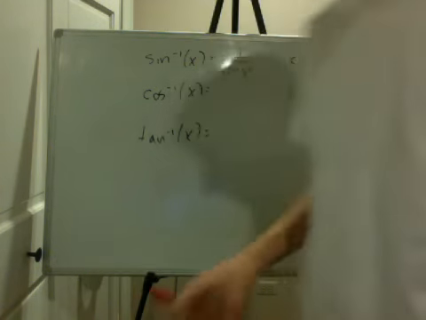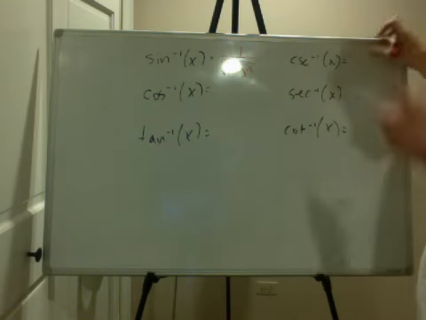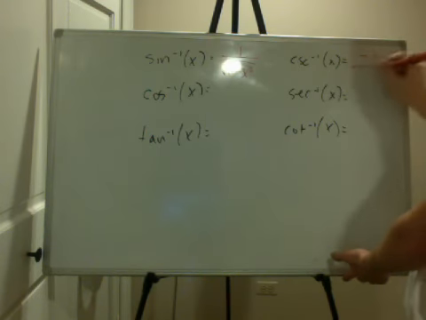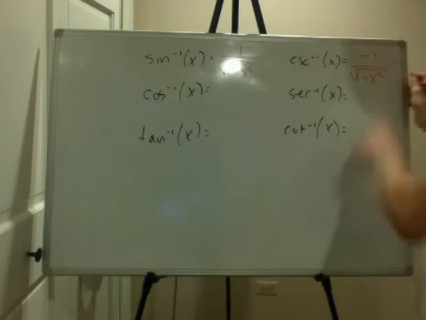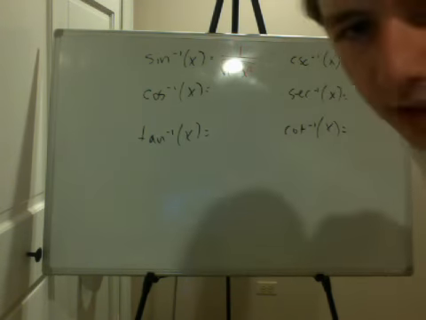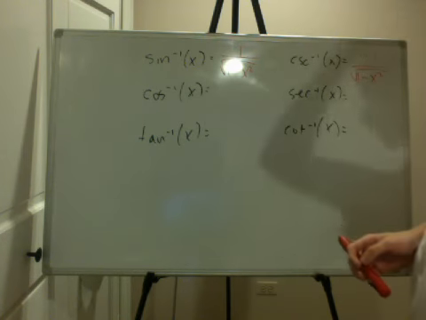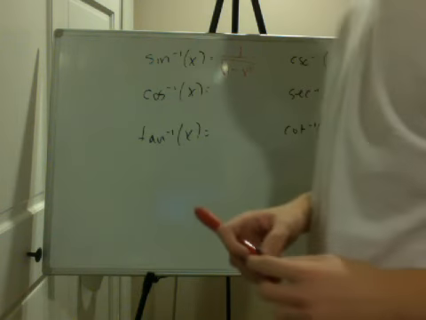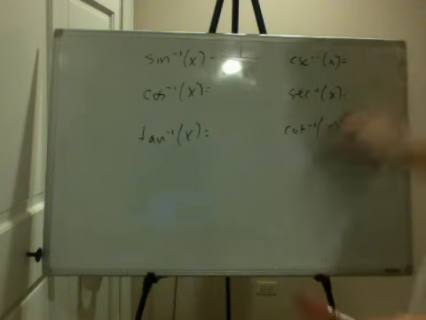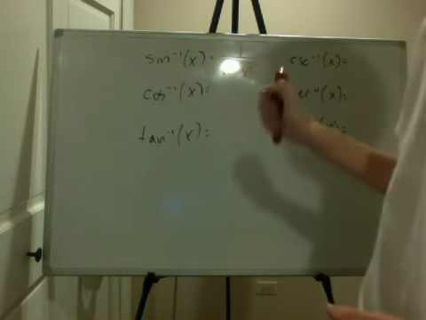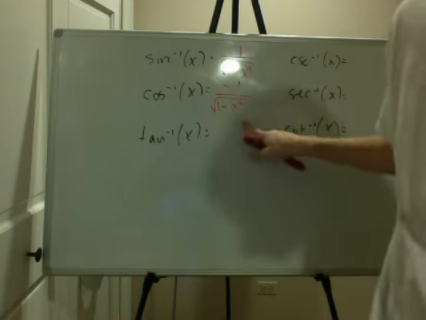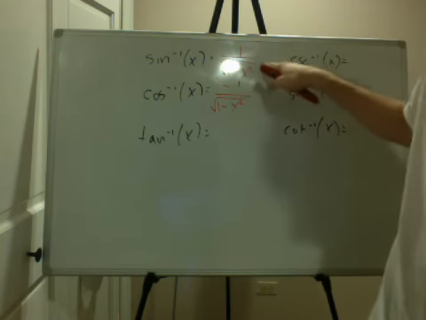Now, cosine is actually just the negative of this. Wait a minute, I wrote this wrong. I'm very sorry about this. I probably should redo this video, but I'm not going to. The derivative of inverse cosine would be negative 1 over the square root of 1 minus x squared. It's just the negative version of sine.